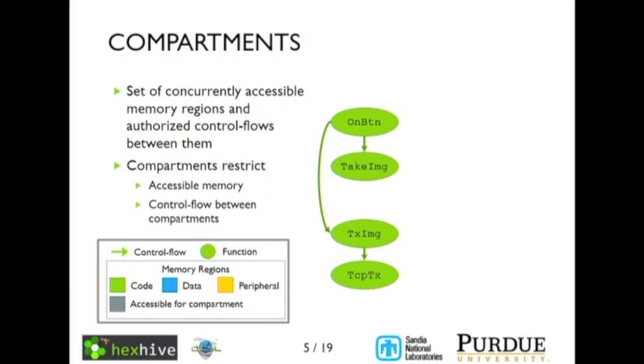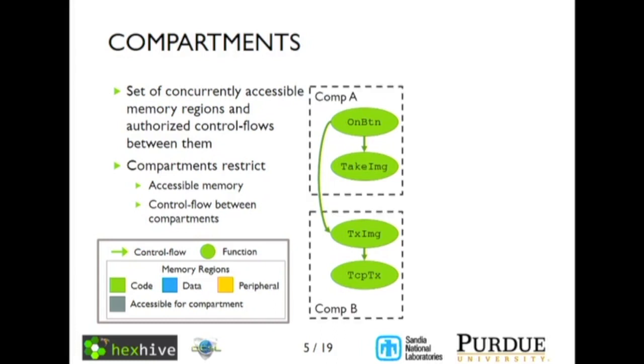So on button calls TX image. We're going to put those in 2 different compartments, compartment A and compartment B. ACES is going to restrict the control flow so that on button in compartment A can call into compartment B, and there would be no calls from compartment B to compartment A.